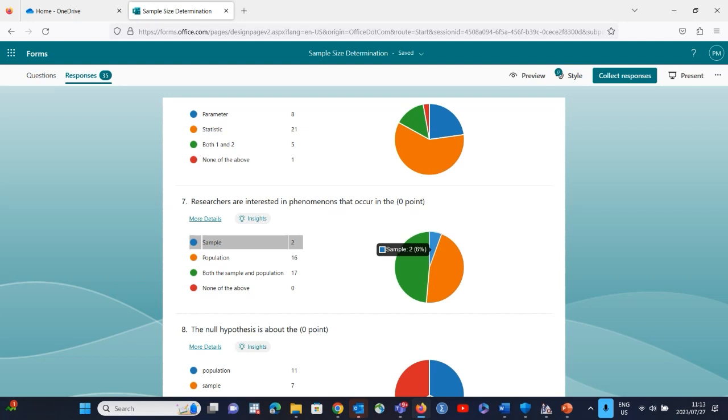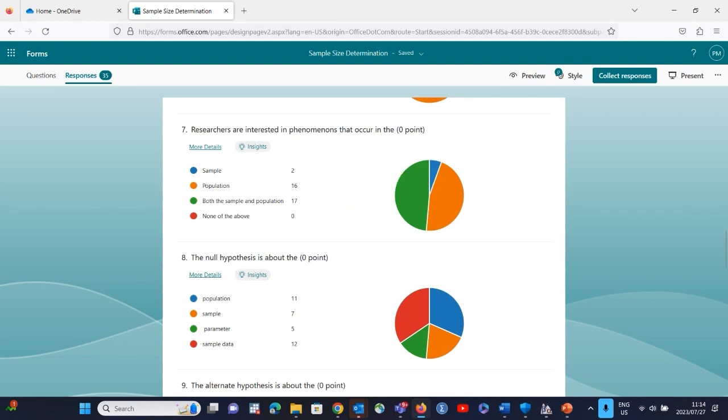It can be a population of animals, but we're interested in the population where this thing is occurring.